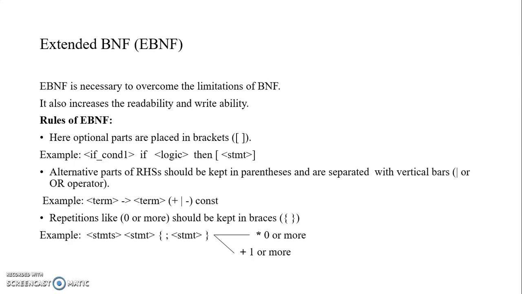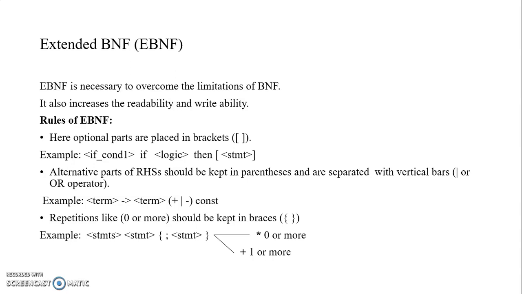In the left hand side you keep one non-terminal, and in the right hand side you may have terminals or non-terminals, and you use abstraction. That means how you are doing the program is not the main motive. The main motive is what you actually need to do for any given program.